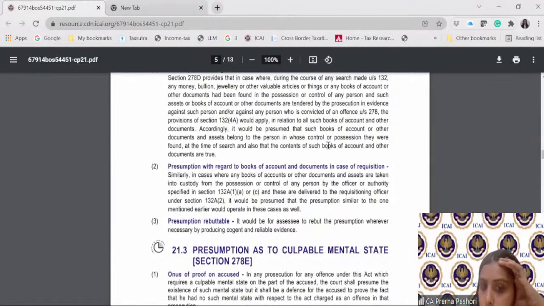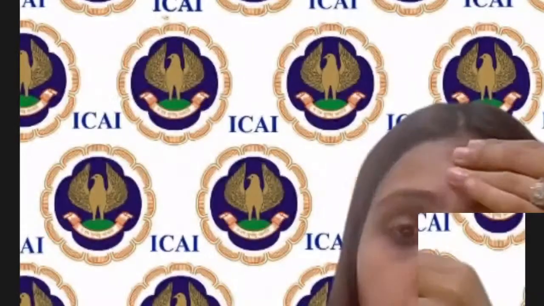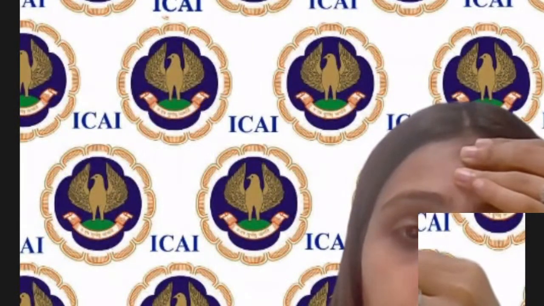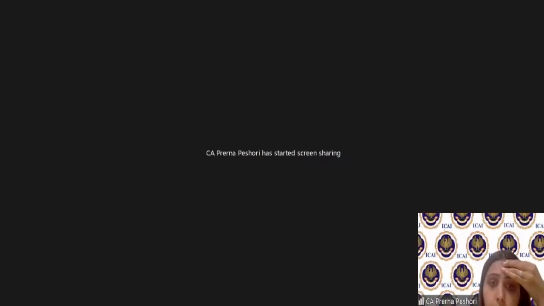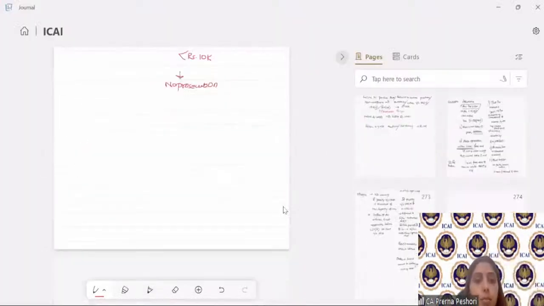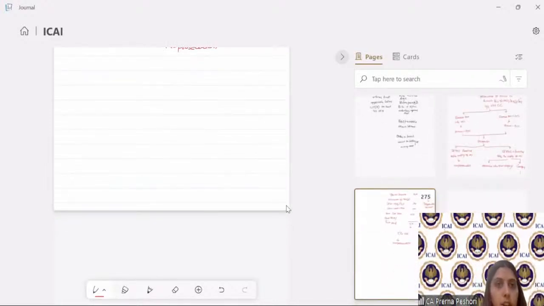Now, what do we mean by this? In prosecution cases, there is a principle called mens rea. I'll tell you the spelling. This principle under the prosecution, mens rea, is the existence of a guilty mind.